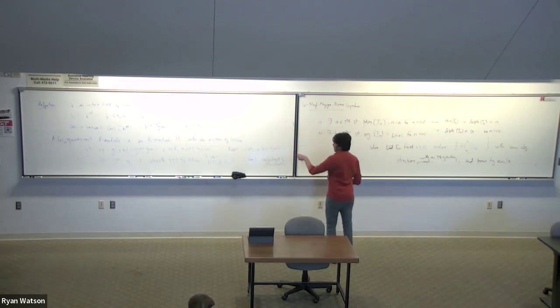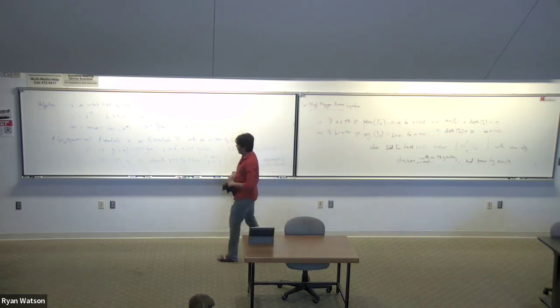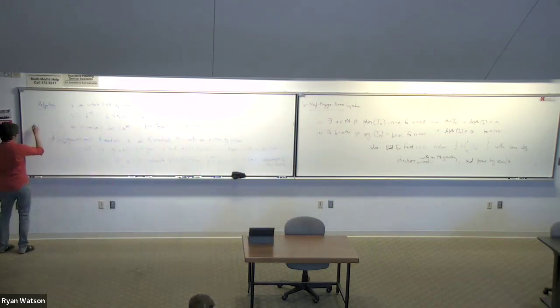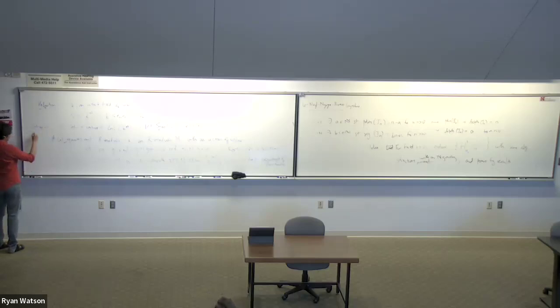And if you give me such an R module, you get a sequence as well. GL contains a subgroup, which I will call GL infinity minus n, and this is supposed to be matrices that look like this. Oh no, the other way around.